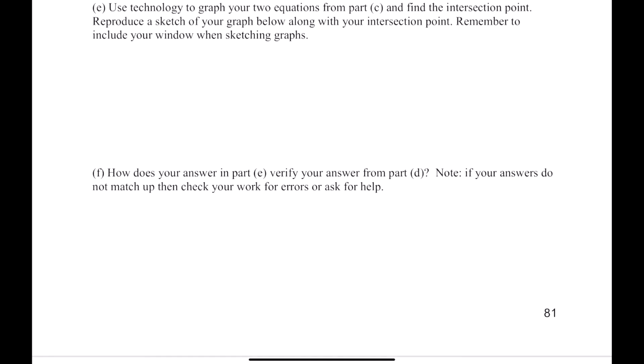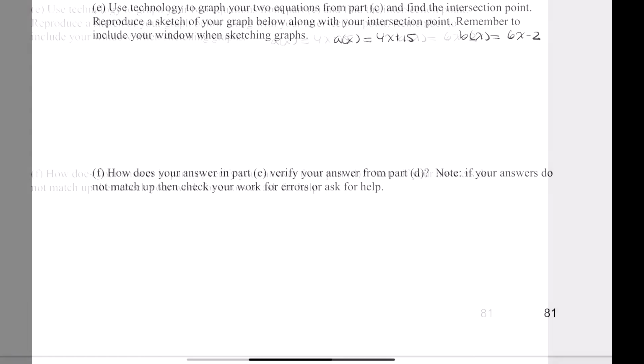Let's use technology to graph these two equations from part C and find their intersection point. So remember, our two equations were A of x equals 4x plus 15, and we had B of x equals 6x minus 2. And I'm going to use GeoGebra to graph both of these.